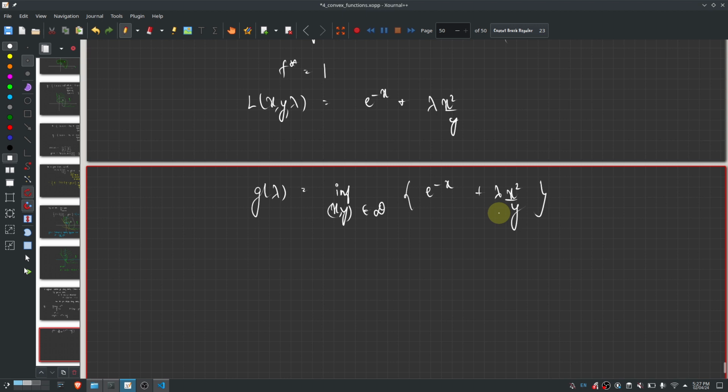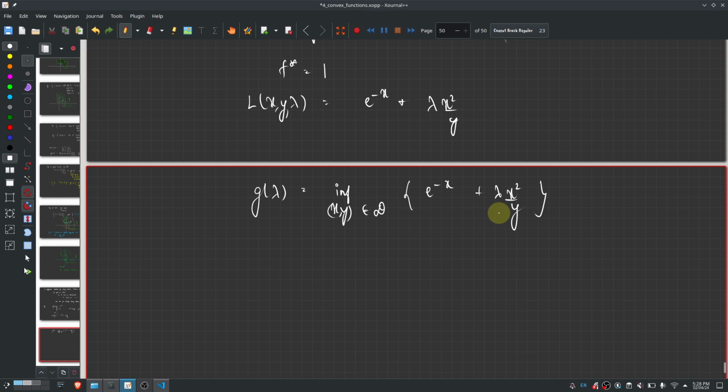What would be the minimum value? Over D, remember. Can you get minus infinity?